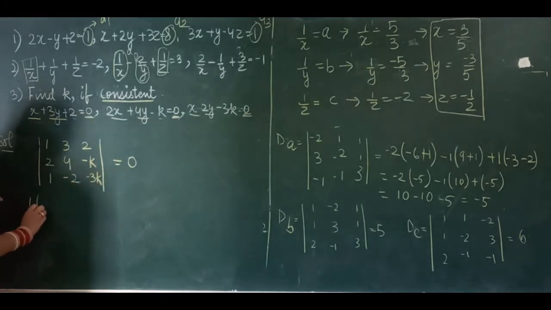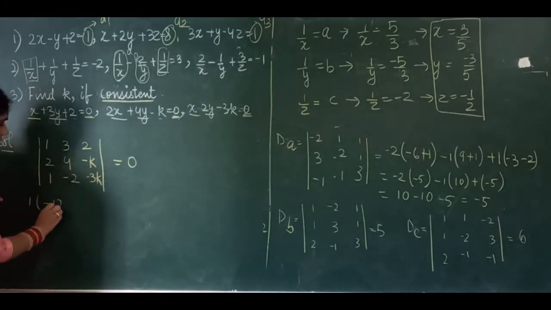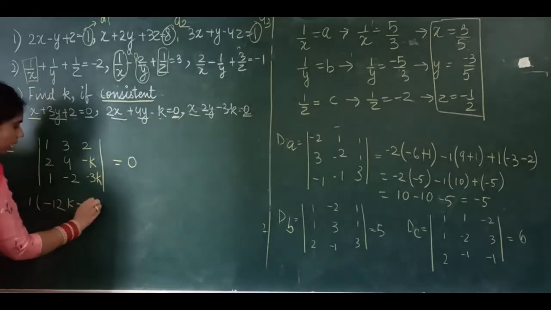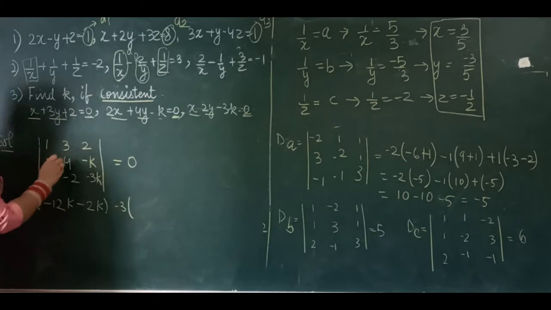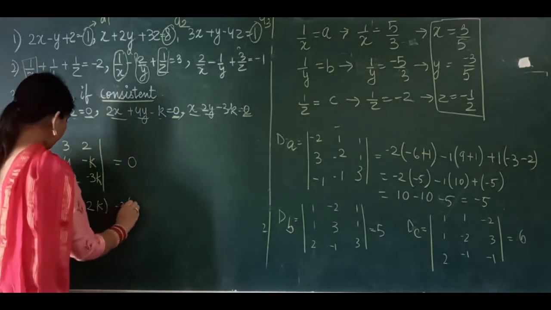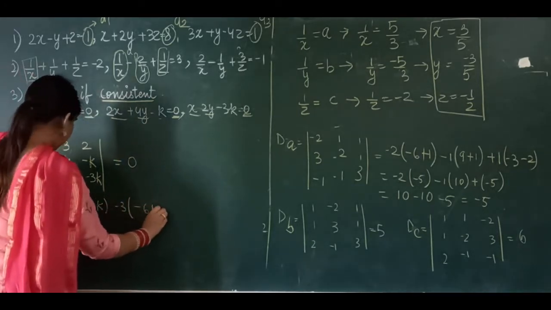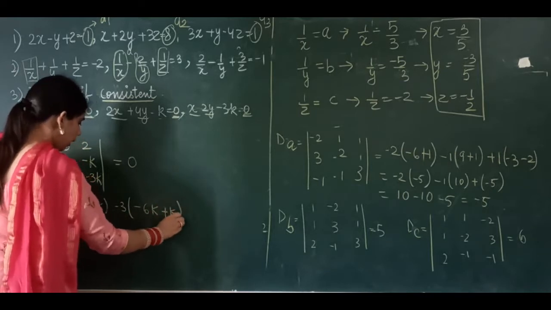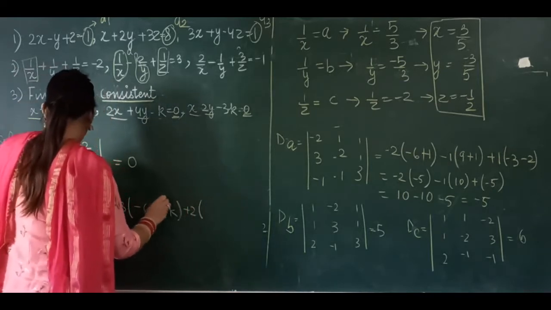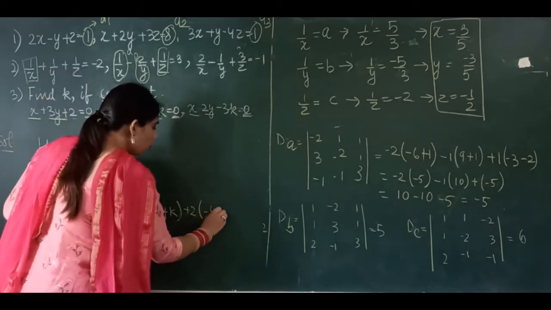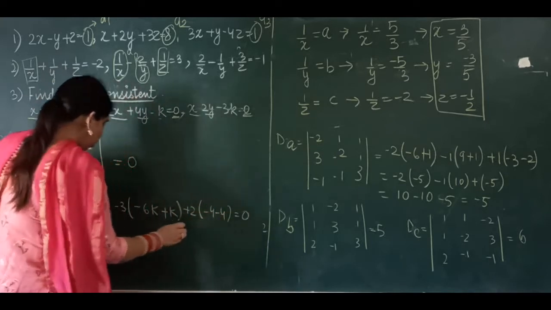So it will be 1 minus 12k minus 2k minus 3 minus 6k plus k plus 2 minus 4 is equal to 0.